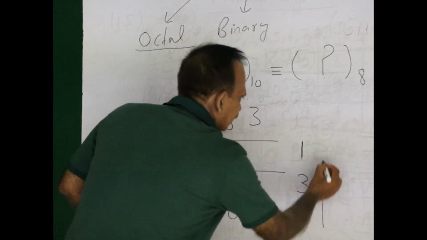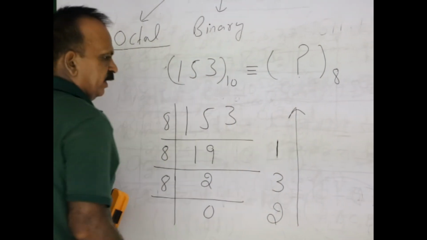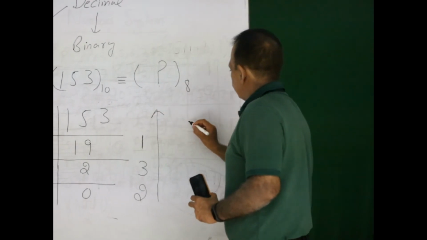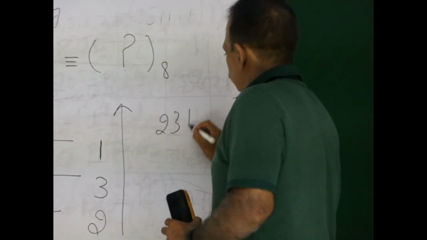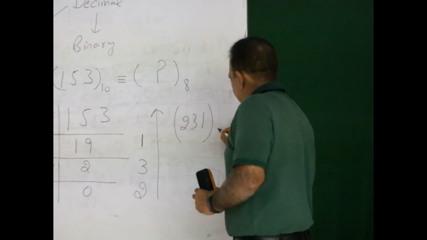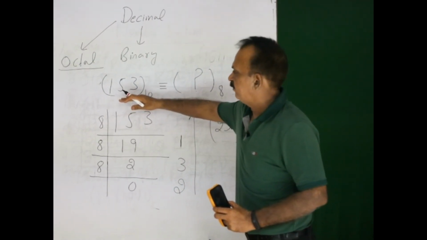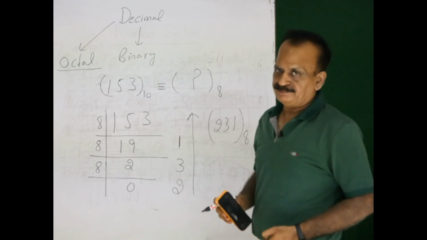This time if I write it from bottom to top, it is going to be 231. So, 231 is the octal number which is equivalent to 153 in decimal.